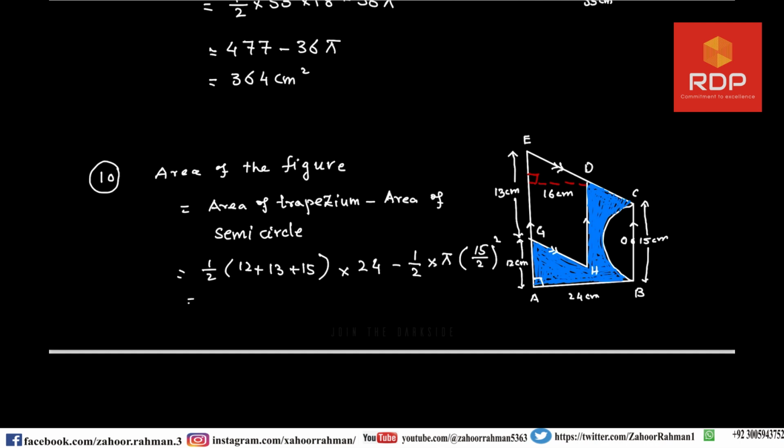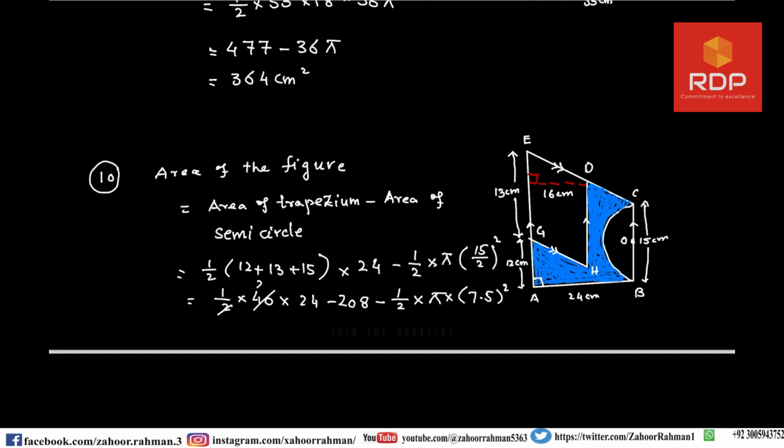So in the next step we will get 1 over 2 into 40 multiplied by 24 minus 208 minus 1 over 2 into pi into 7.5 whole square.